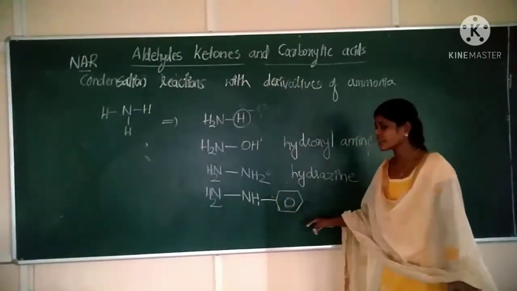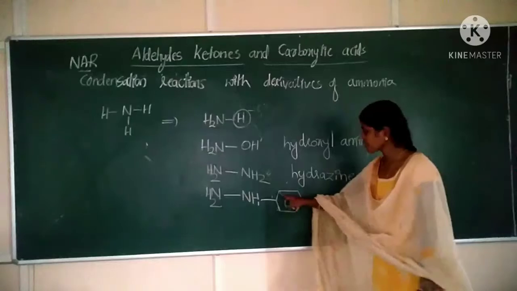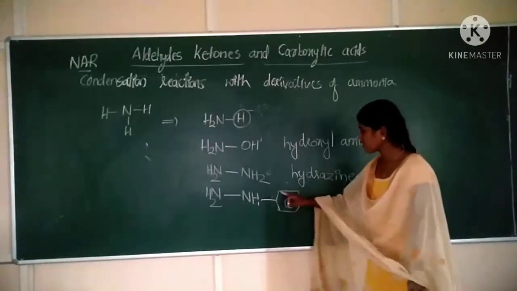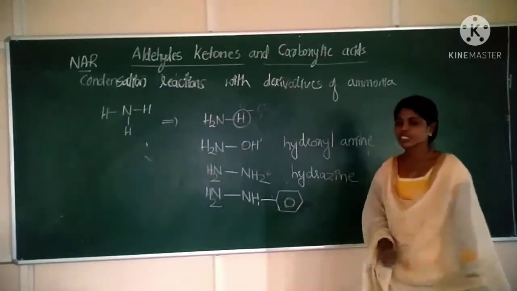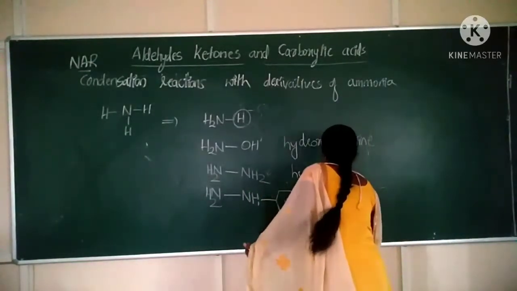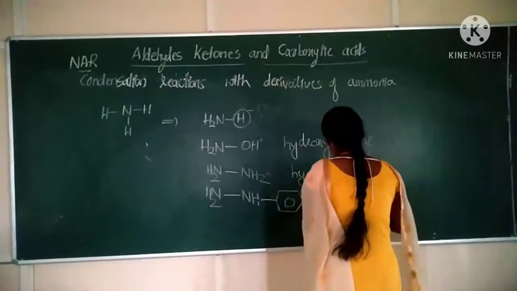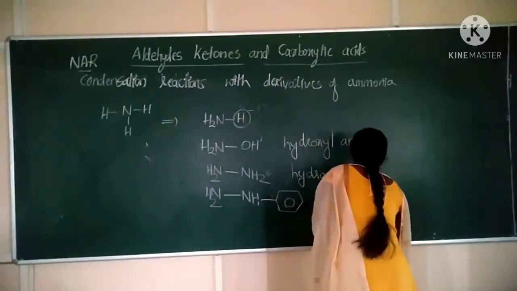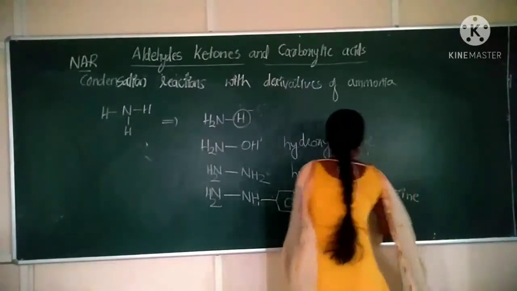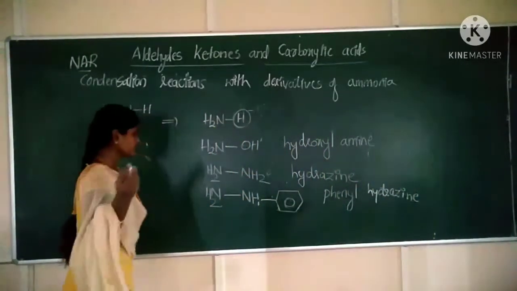Which ring is it? Phenyl ring, C6H5: 1, 2, 3, 4, 5, 6 carbons, whereas the number of hydrogens is 5: 1, 2, 3, 4, 5. So C6H5 NH NH2 is phenylhydrazine. Okay? Clear?